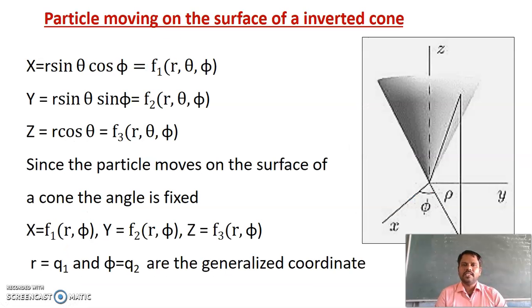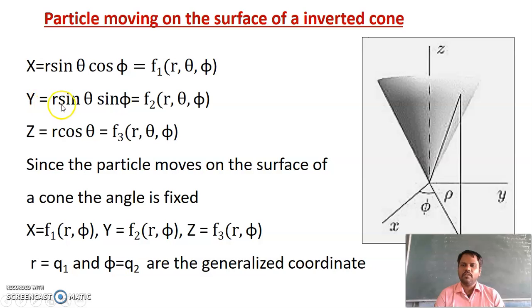Now let us consider one more example, a particle moving on the surface of an inverted cone. The coordinate system chosen is spherical coordinates, given by x equal to r sin theta cos phi, which is a function f1 of r, theta and phi.